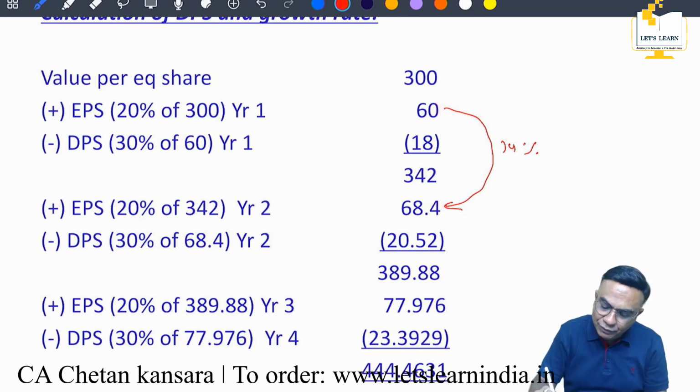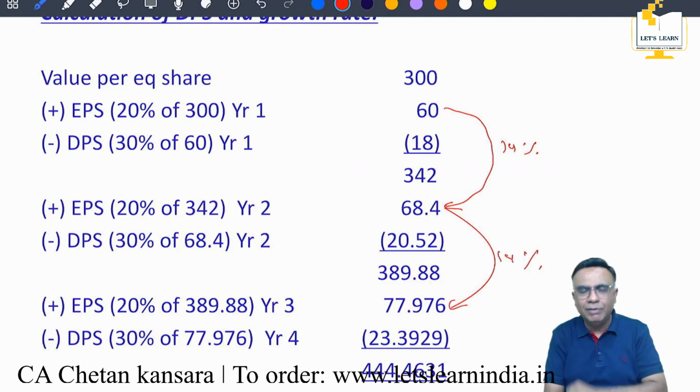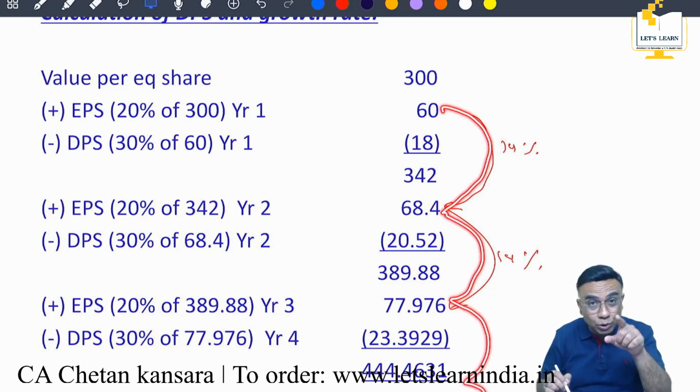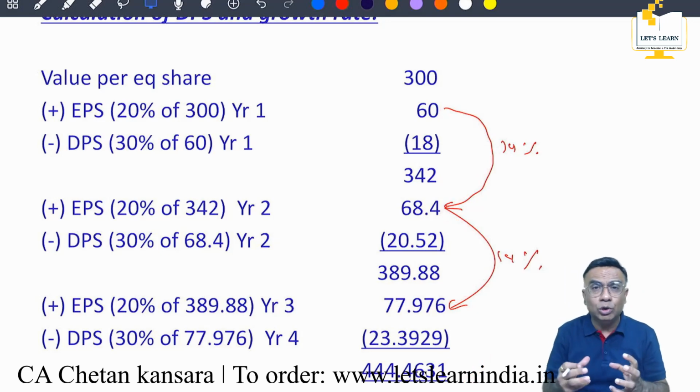Similarly from the second year to the third year, the earning is increasing by 14%. So every year earning per share is increasing by 14%. That is the growth rate. Growth means growth in earnings, growth in profits.